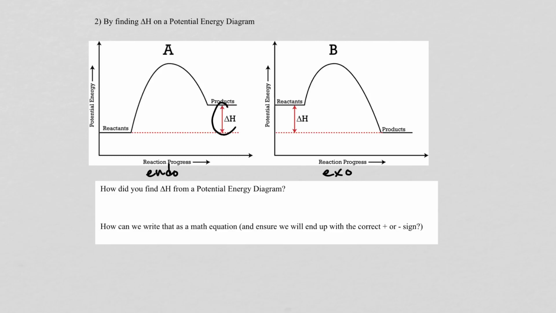Regardless, to find the delta H, the change in the enthalpy, you needed to know the potential energy of the reactants and you needed to know the potential energy of the products, and you subtract those 2 numbers. So how do you find the delta H from a potential energy diagram? You would find the difference. You would subtract between the potential energy of the products and the potential energy of the reactants.